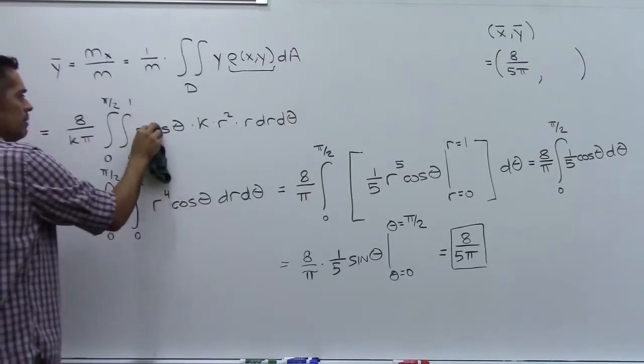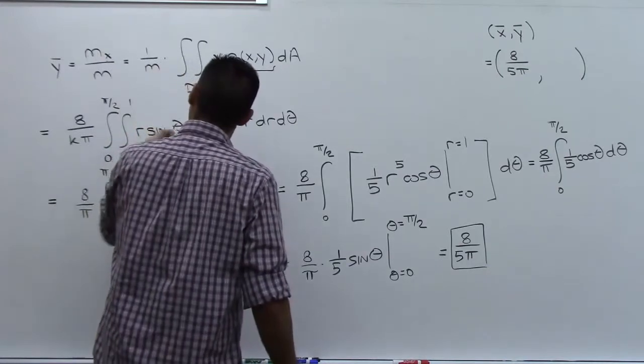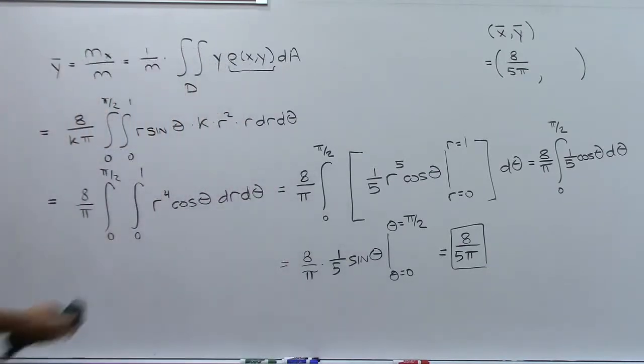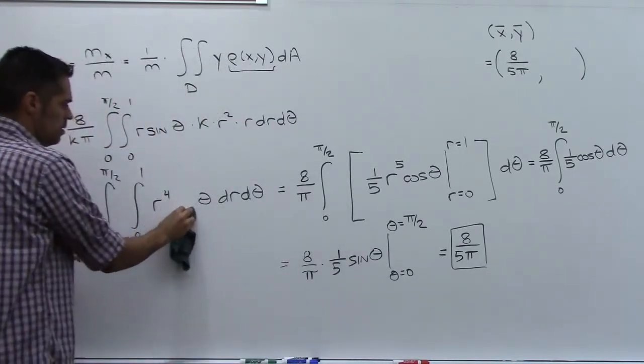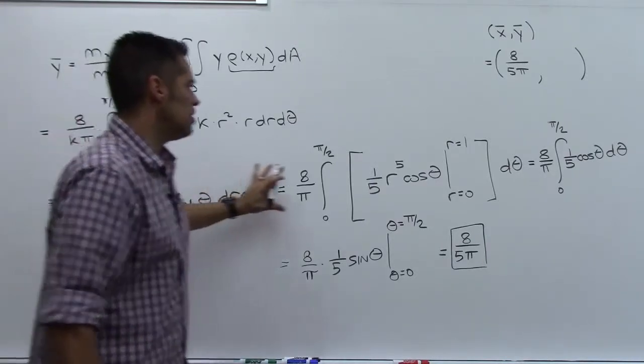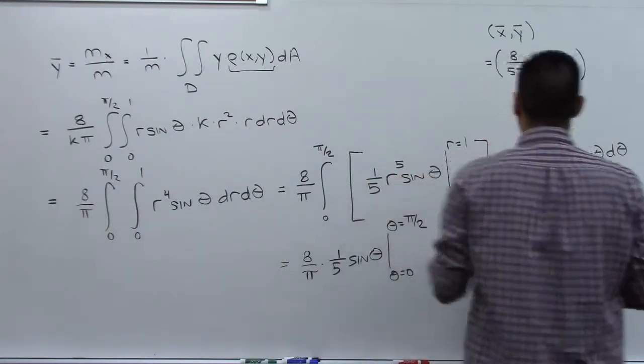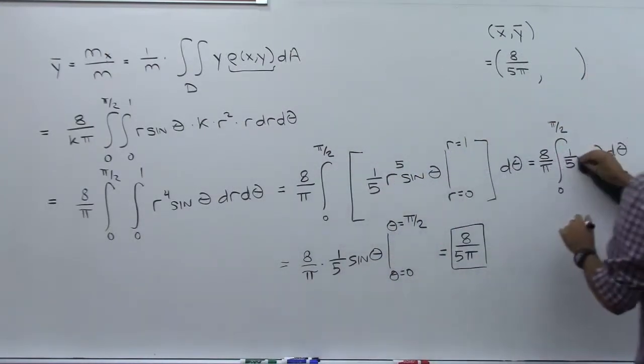And y converted to polar is r sine theta. And that changes this right here to r to the 4th sine theta. Nothing changes in all this. This is sine. Right here, this is sine.